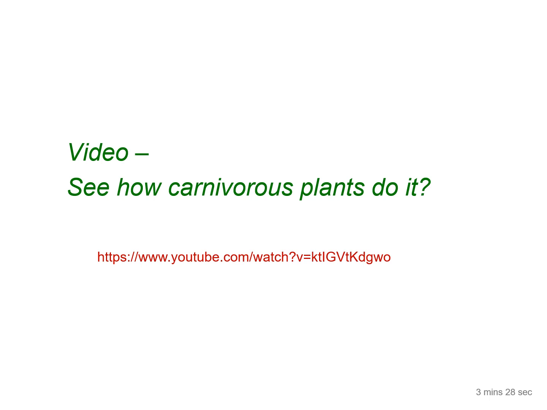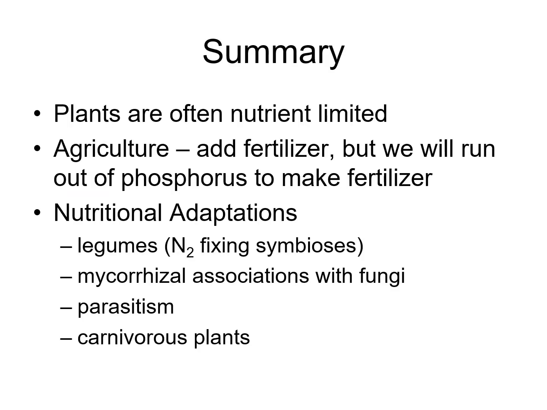I highly recommend it. To summarize, plants are often nutrient limited in many ecosystems. In agriculture, we have to add fertilizer, but we're probably going to run out of phosphorus to make critical fertilizers in order to improve food production.